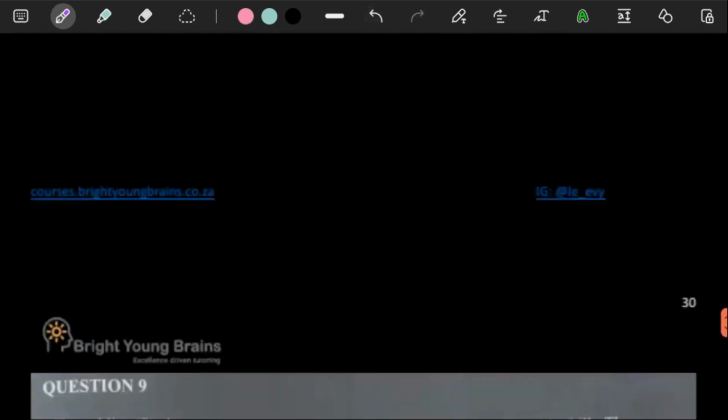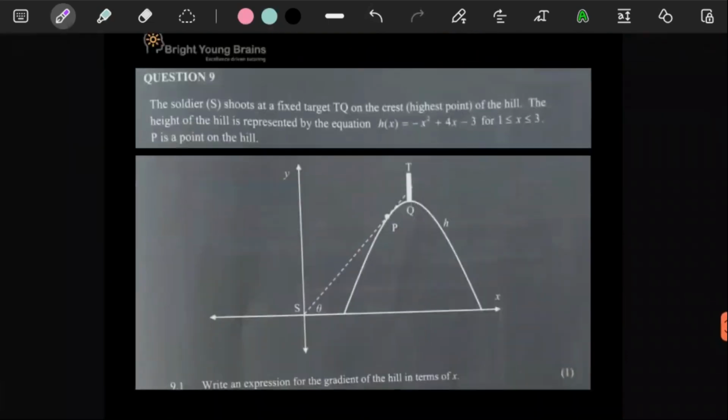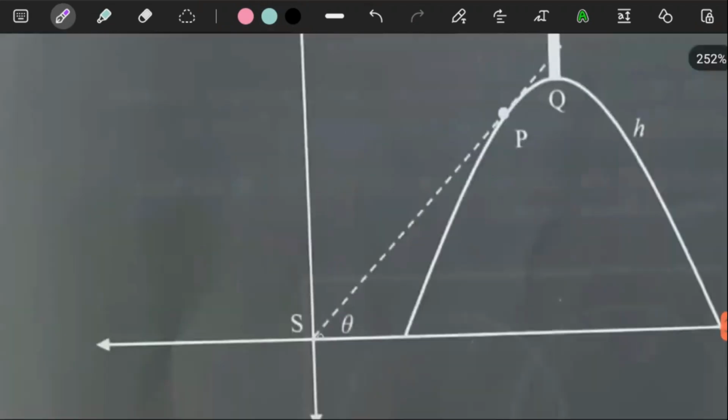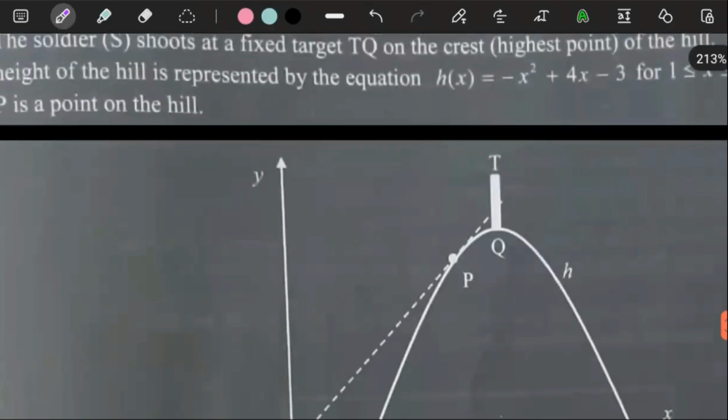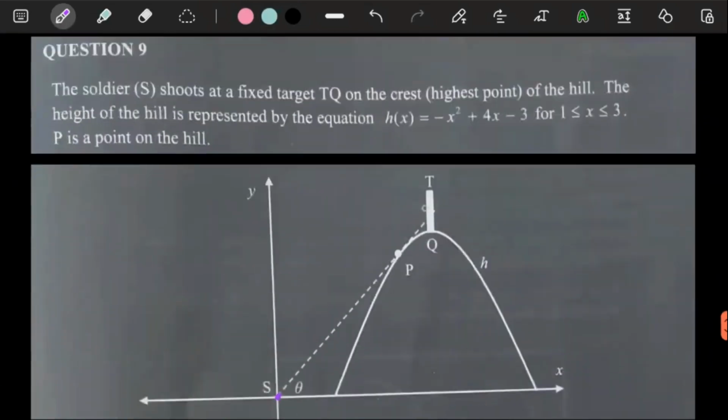So let us move on to question number 9. Okay, so question number 9 looks quite interesting. But let's see. It says the soldier, which is standing here, shoots at a fixed target, which is TQ, on the crest, which is the highest point of the hill.